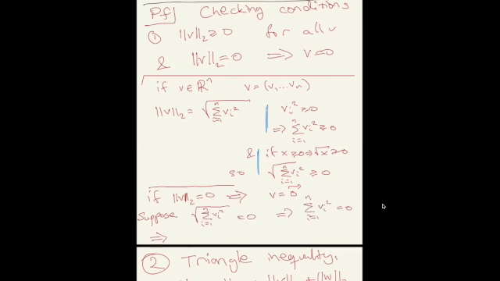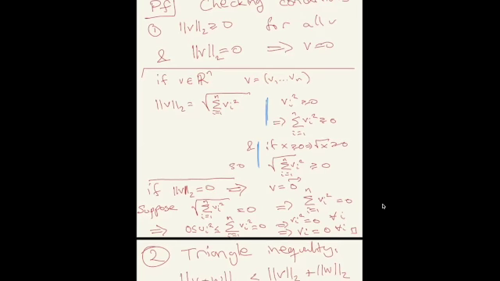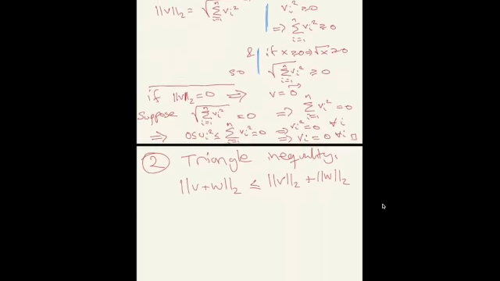Therefore, 0 is less than or equal to vi squared, which is less than or equal to the sum of these vi squared, which is equal to 0. So we get that vi squared is equal to 0 for all i. And because vi squared is equal to 0, by taking a square root, we also get that vi must equal 0 for all i. And this is what we wanted to show. So that's the first part. It includes two things: checking the non-negativity and checking that you actually get a 0.